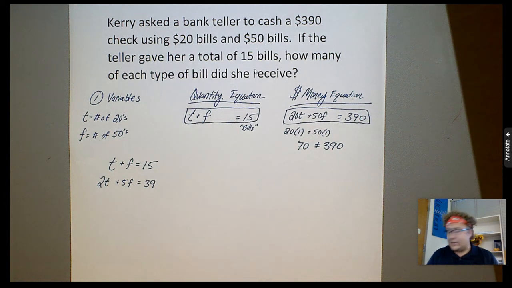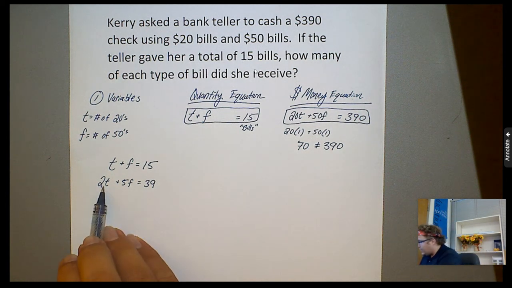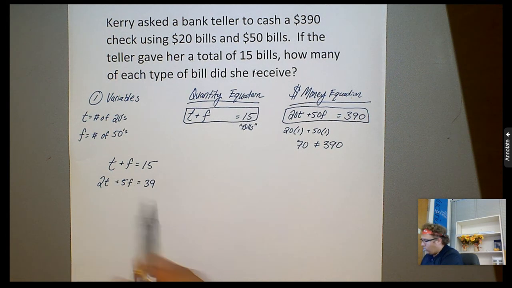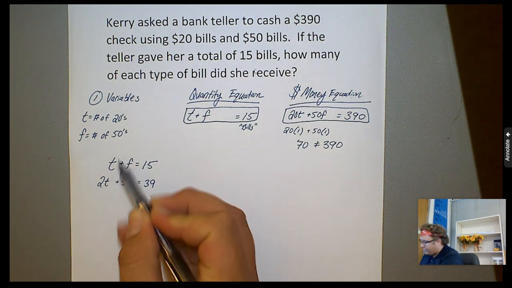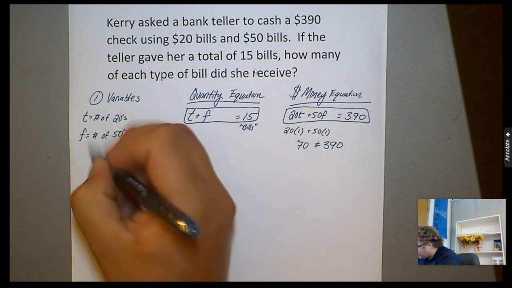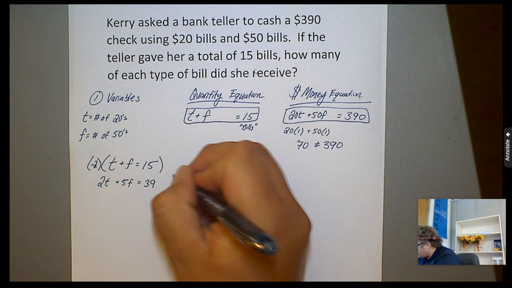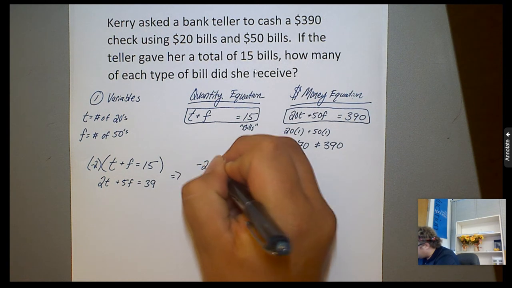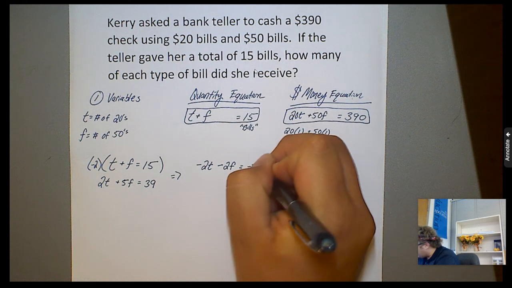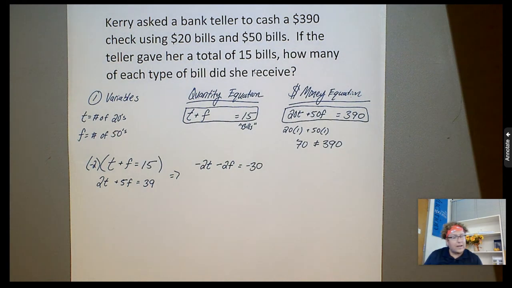Now, I'm looking at this, and I see 2T and 1T, 1F, 5F. So I'm thinking this is a prime candidate for some elimination. I'm going to take this equation and multiply it by -2. That will give me -2T minus 2F equals -30. I could have chosen -5, but then 5 times 15 is a bigger number, so I was trying to avoid using big numbers.